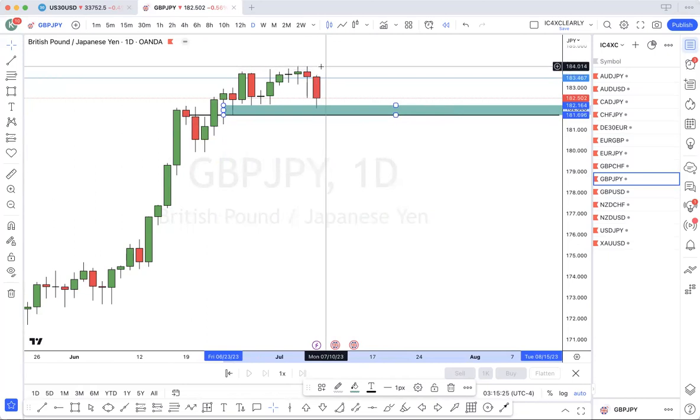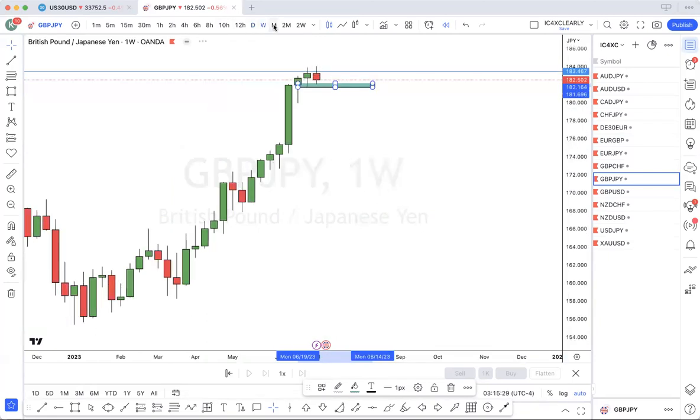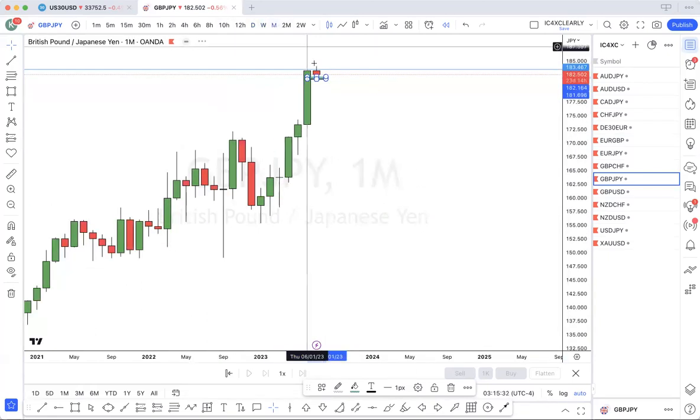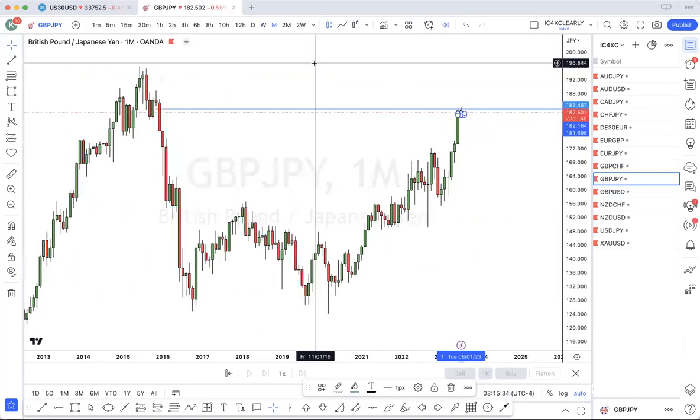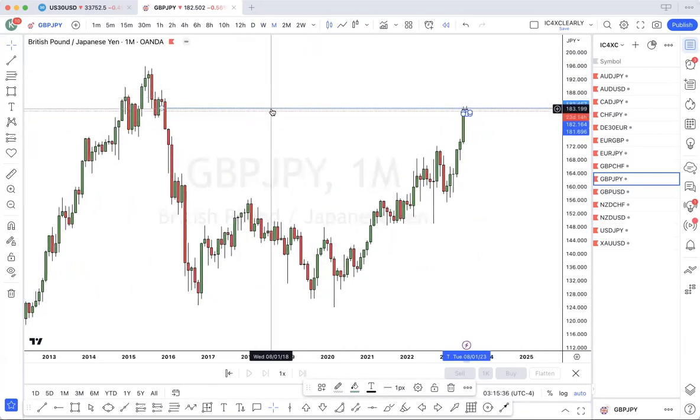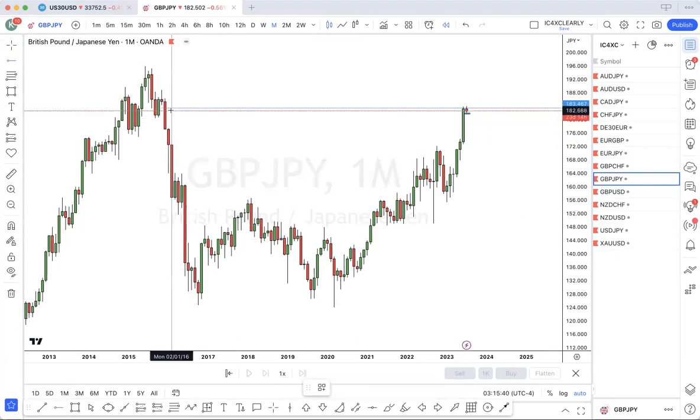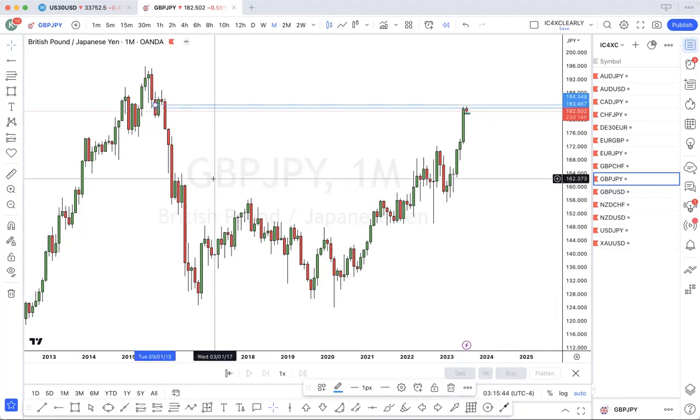You got equal highs up here, and you have a weekly, this is the weekly imbalance, this is the monthly imbalance.